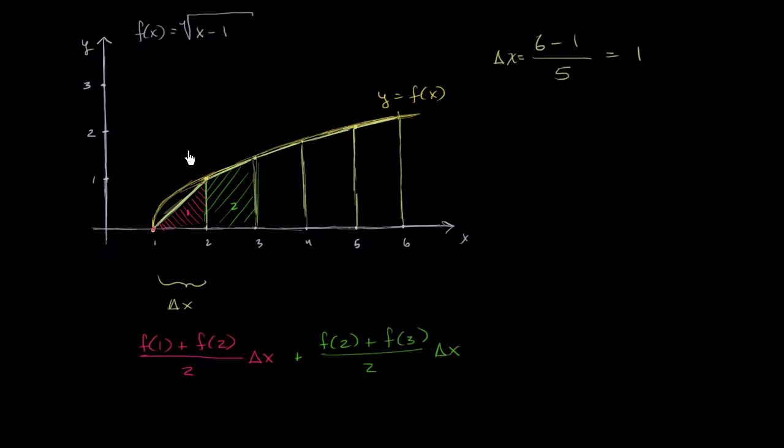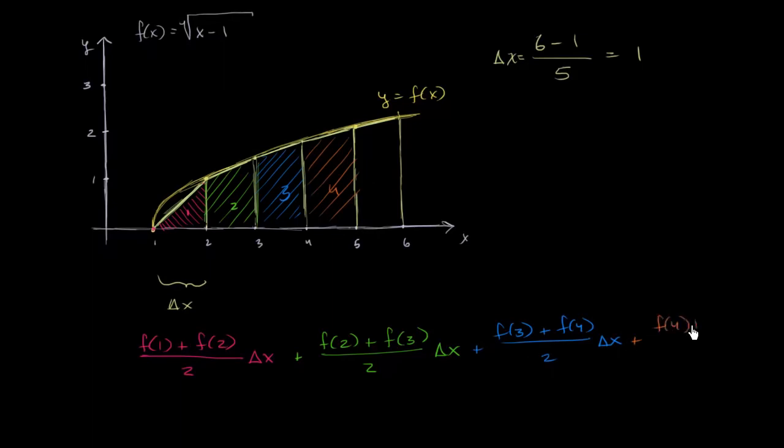And then let's do trapezoid 3. I think you're getting the idea here. Trapezoid 3 is going to be f of 3 plus f of 4 divided by 2 times delta x. And then, let's see, I'm running out of colors. This is trapezoid 4 right over here. So plus f of 4 plus f of 5, all of that over 2 times delta x.